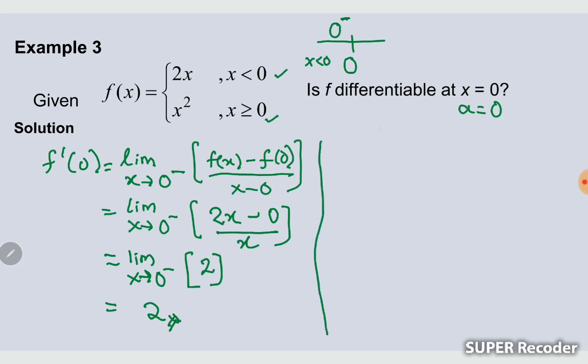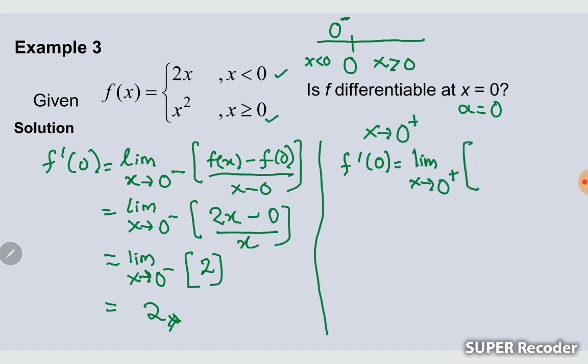Now we do the second part. That is, we want to find the limit as x approaches 0 from the right, which means x must be more than 0. So f prime of 0 is equal to the limit as x approaches 0 from the right.